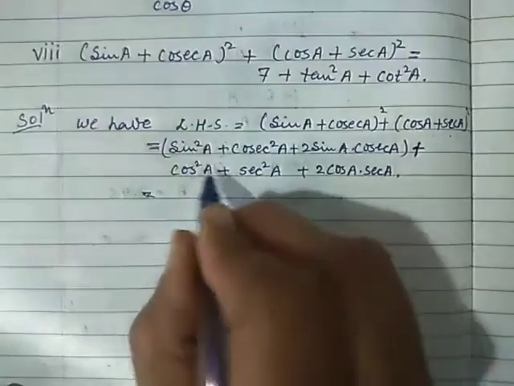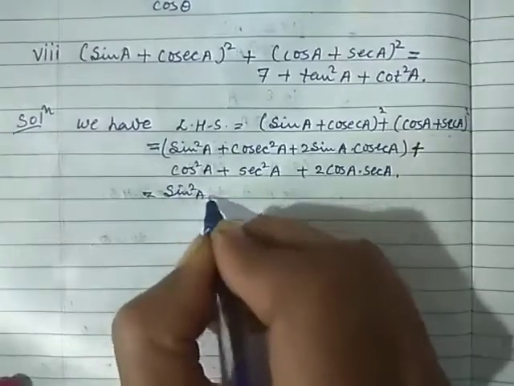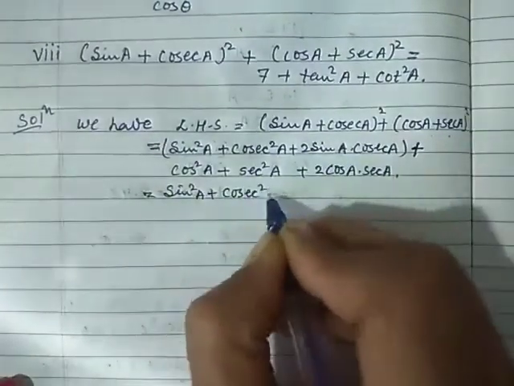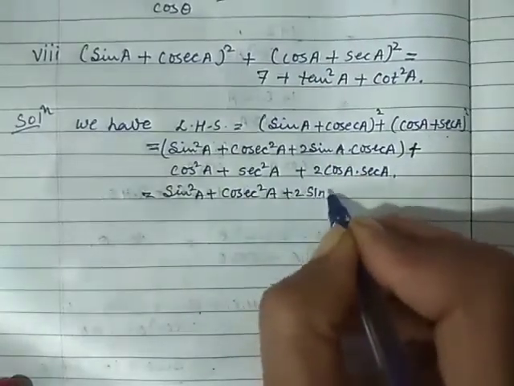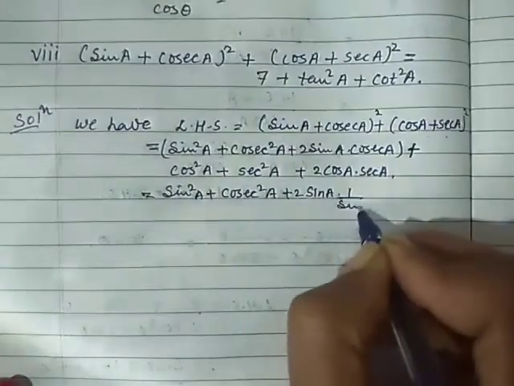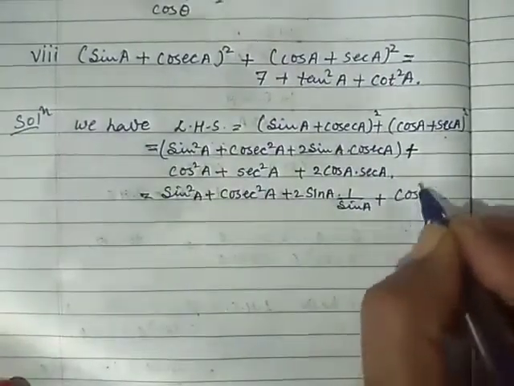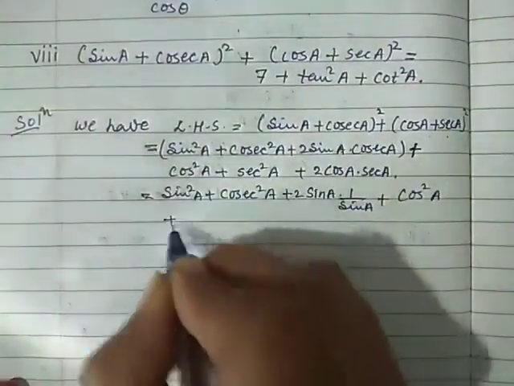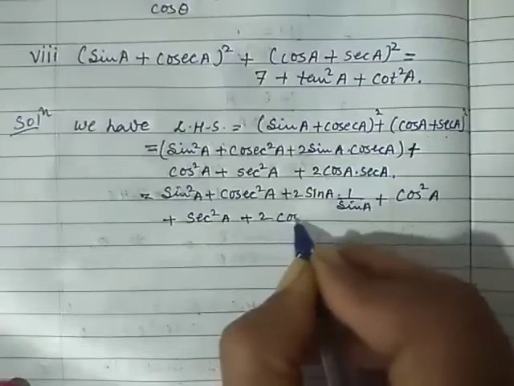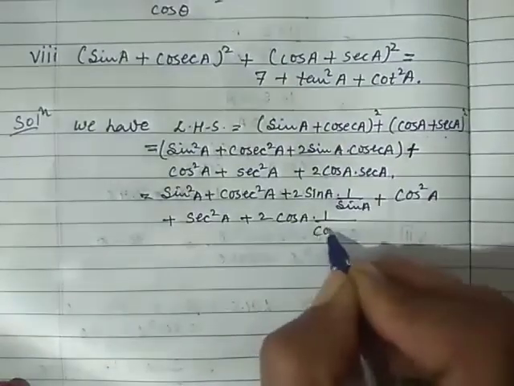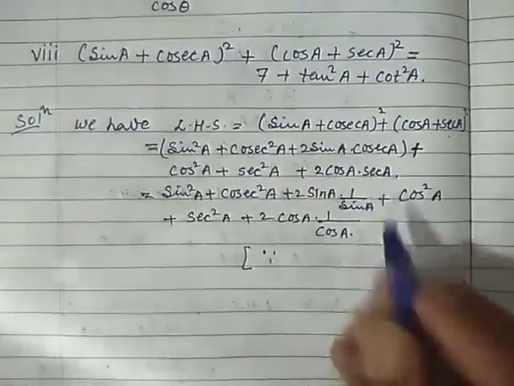Now let's open all the brackets. Sin square A + cosec square A + 2 sin A cosec A. 2 sin A cosec A means 2 into 1 by sin A. We have converted this, plus cos square A plus sec square A plus 2 cos A into 1 by cos A. So we have to write whatever we are using here.